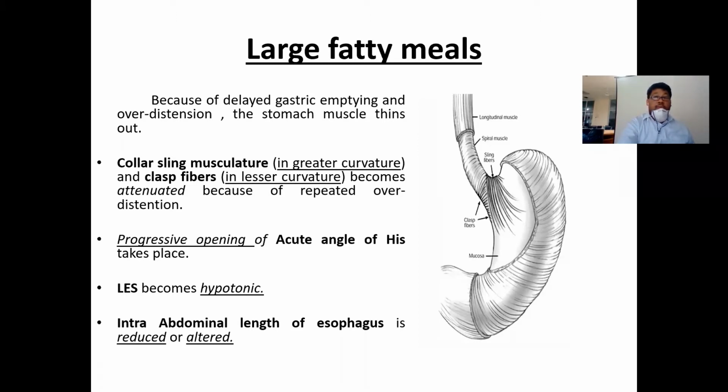Because of this over distension, these muscles become thinner and thinner, and as a result, progressive opening of the angle of His takes place. The lower esophageal sphincter becomes hypotonic, and the intra-abdominal length of the esophagus is reduced or altered. So this is about the large fatty meals.